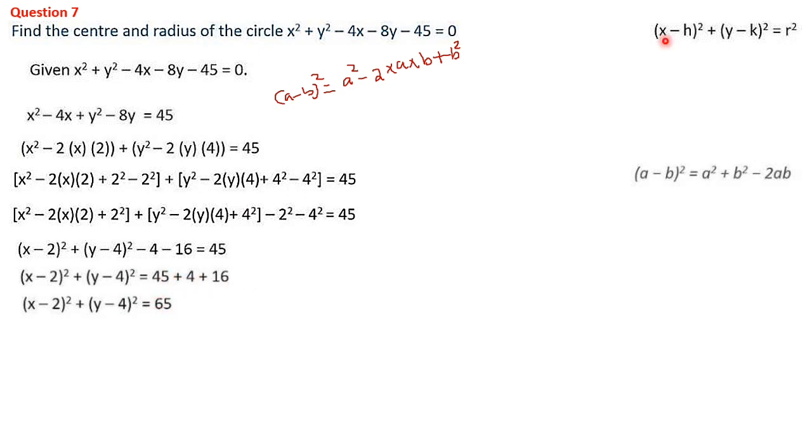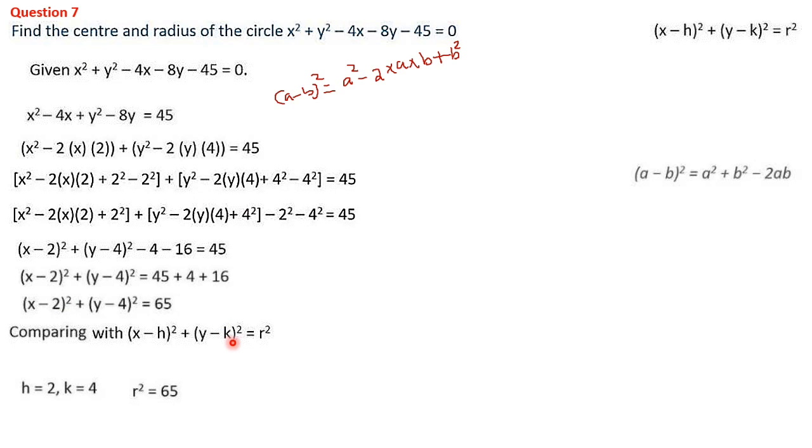Almost we have reached. x minus h the whole square plus y minus k the whole square equal to r square. Comparing with this form, here there is a minus sign, here also minus, here is minus, here is also minus, and the separation is plus. So everything is fine. When we compare, in place of h, here 2 is there.